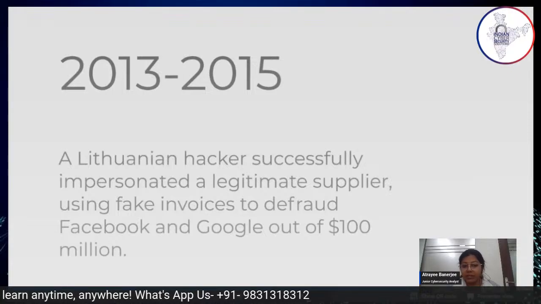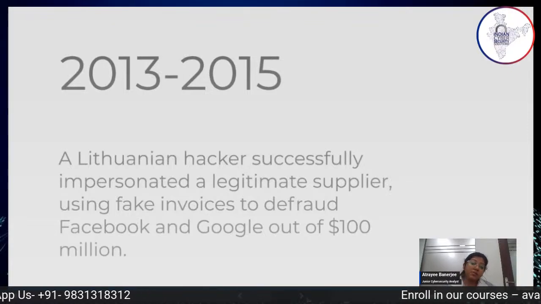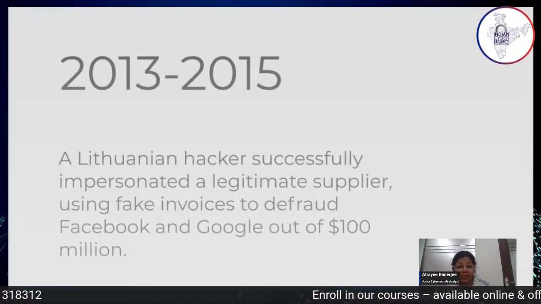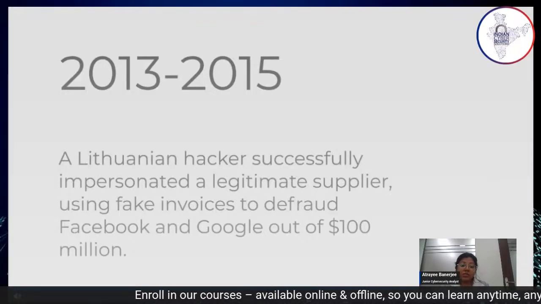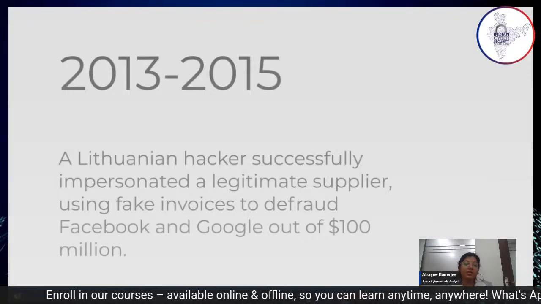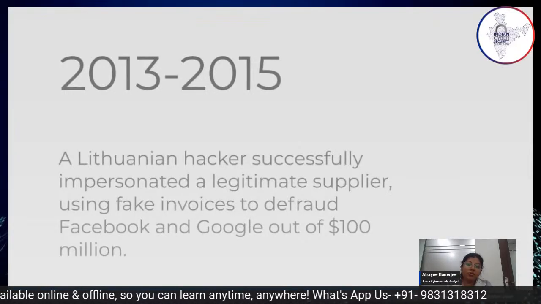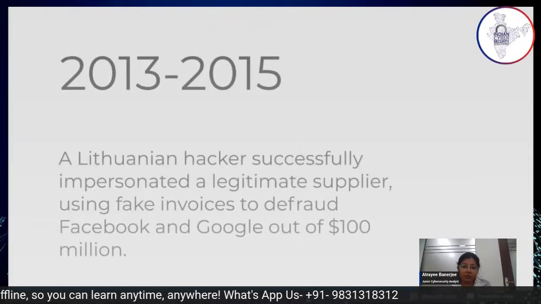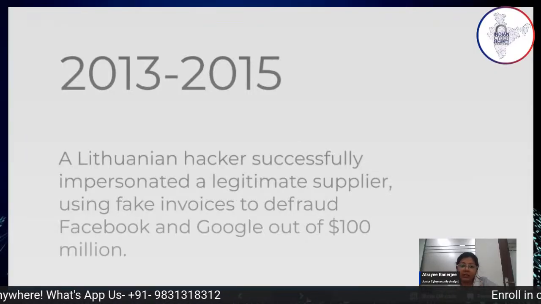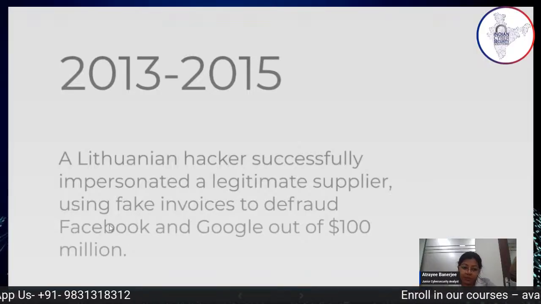So impersonation is also a kind of social engineering, where they are impersonating somebody. Like I'm telling you, I am from a very legitimate source, so you just believe me, okay, and you give me the money. And what is happening? The actual person gets blamed. Here, Facebook and Google got blamed for this.